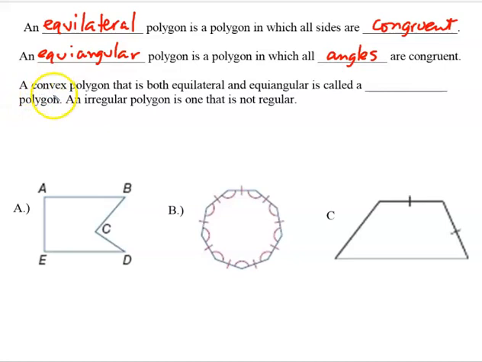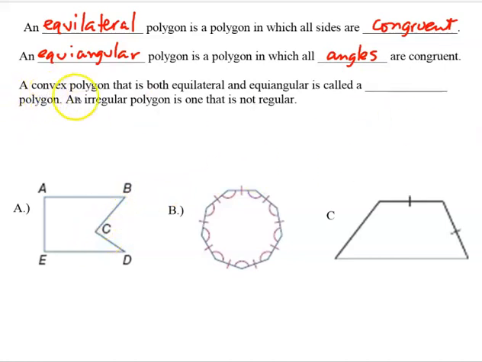So we have one more classification. If a polygon is convex, okay, so just to kind of give you an example, this shape, letter A, is not convex. This is called concave because we have two lines that intersect on the interior. All right, so letter C would be convex. Just so you can, again, remember that term that we touched on a few minutes ago.